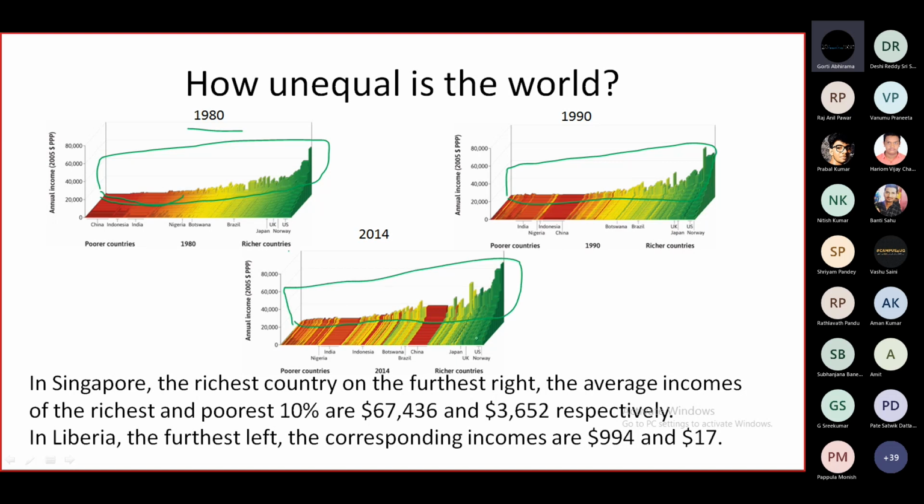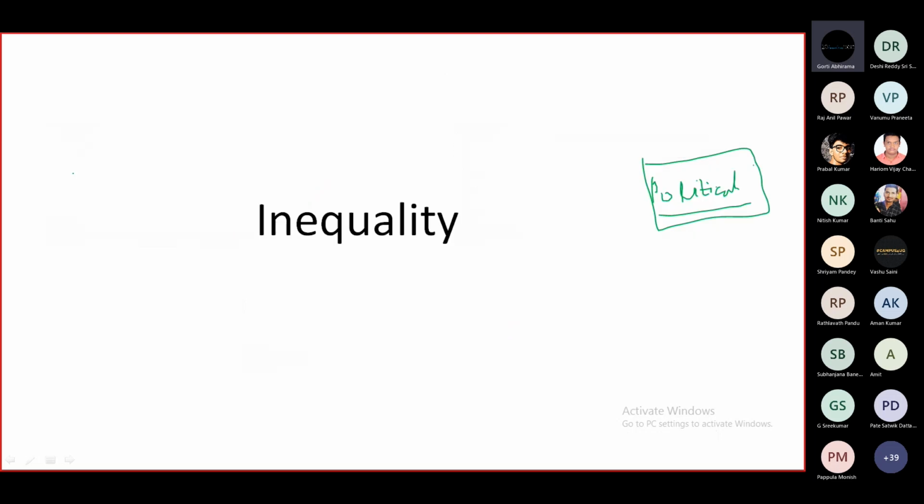That represents that the richest 10% average income has increased much more than that of the poorest 10%, which you can see at the front bar. That is suggestive of a rise in inequality within the country, and we can capture this by what we call the 90/10 ratio.